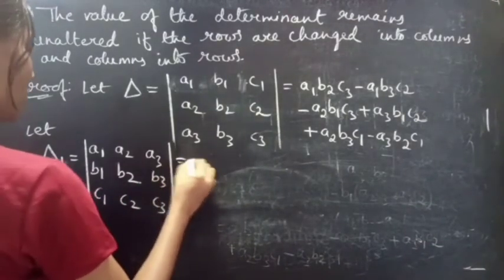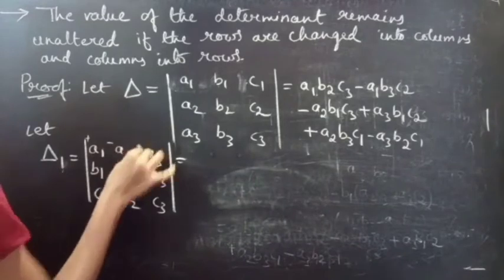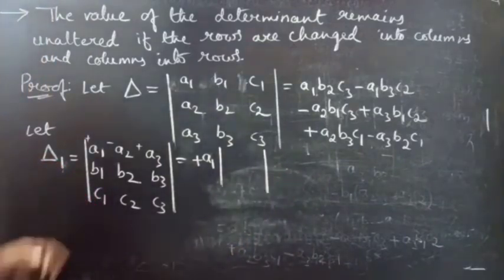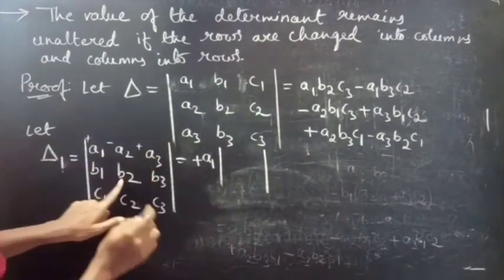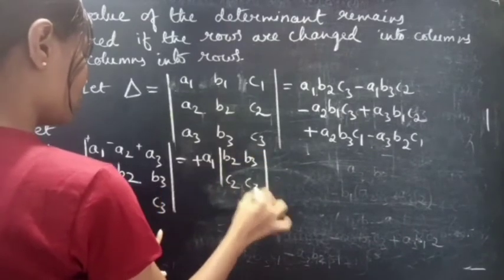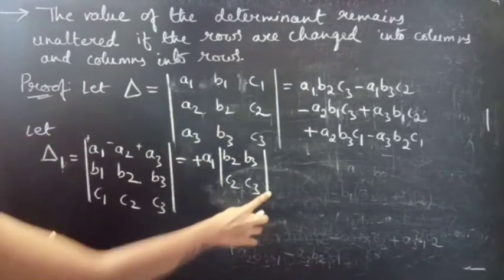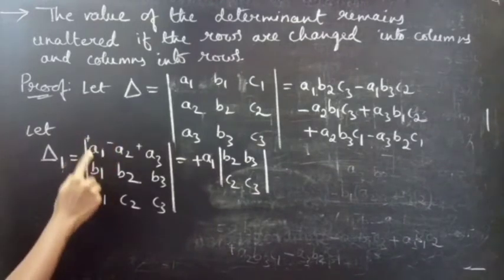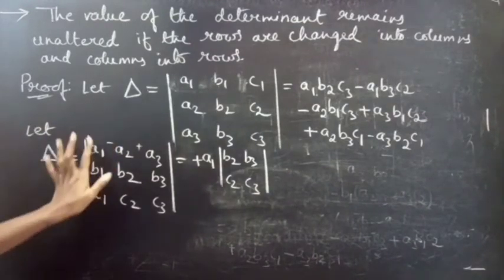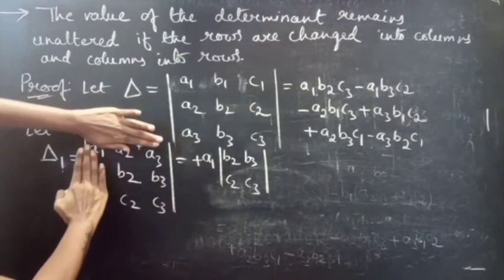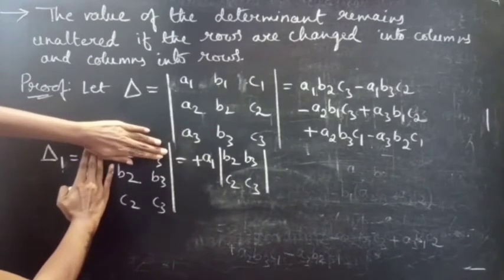So this is equal to plus, minus, plus. So plus A1 into the determinant of the elements excluding the row and the column containing A1. So you'll get B2, B3, C2, C3.